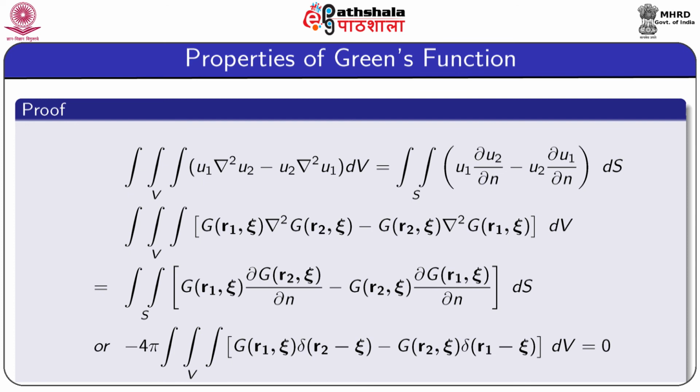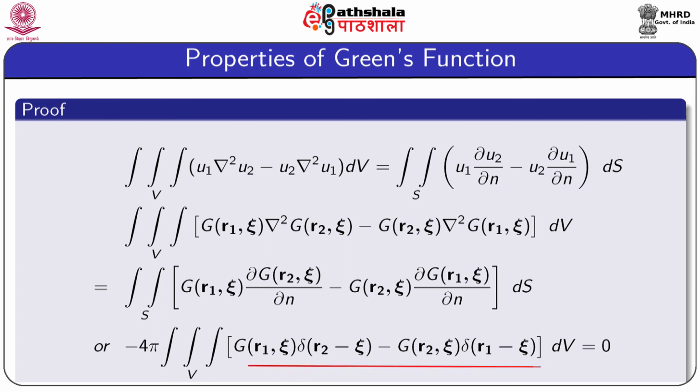Here we substituted the value of Laplacian of G as delta(R2 minus xi). So, this equals G(R1, xi) delta(R2 minus xi) minus G(R2, xi) delta(R1 minus xi) dV equals 0.